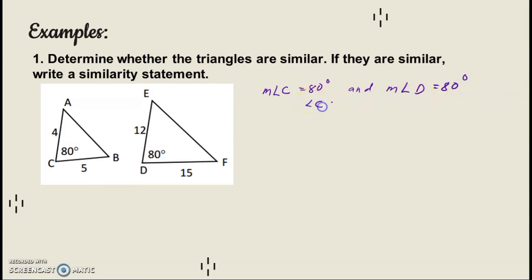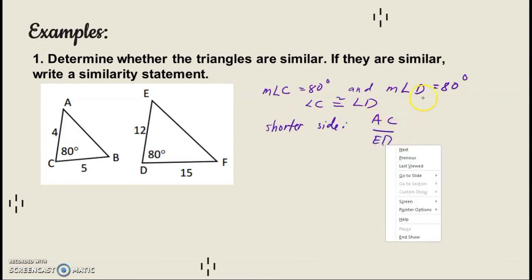So angle C is congruent to angle B. Okay? So ratio ng shorter side muna tayo. Shorter side, so we have AC over EB is equal to 4 over 12 or 1/3.